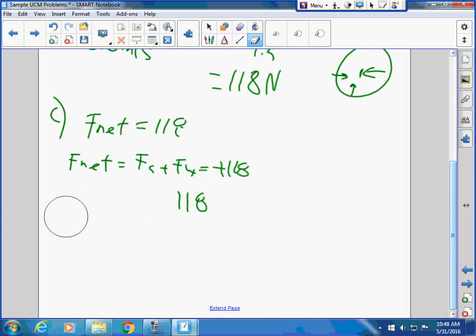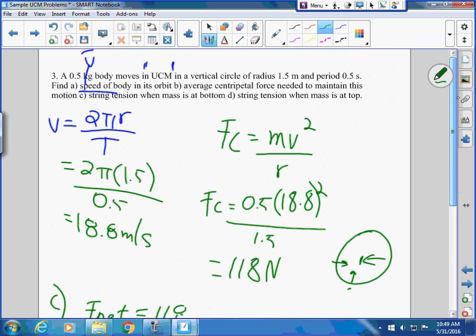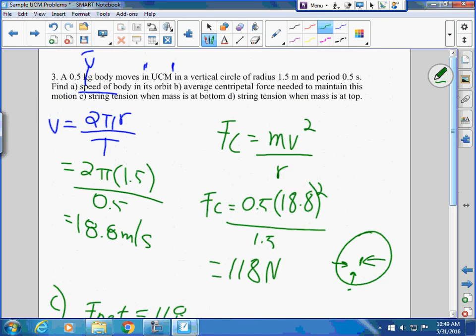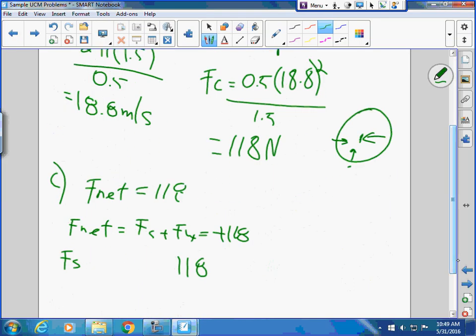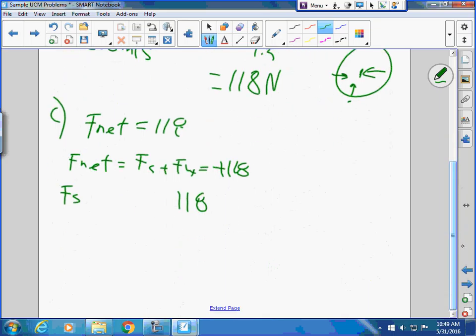Well, the question asked for the string tension when the mass is at the bottom. So this centripetal force is really just the average, right? And what I was saying here was the average occurs at the sides, right? Okay. Good question.